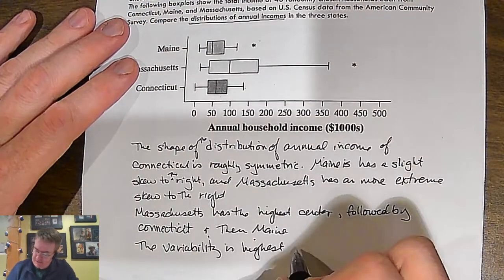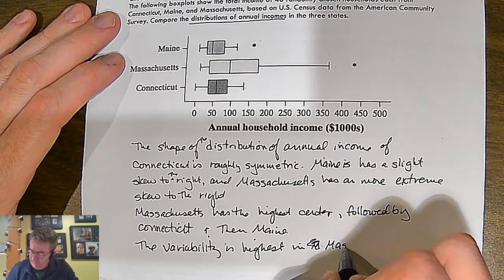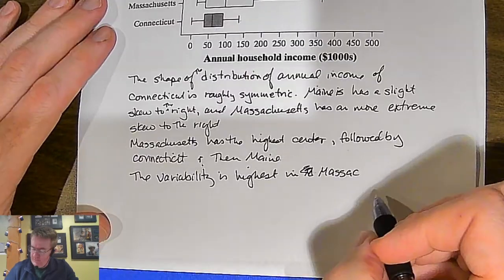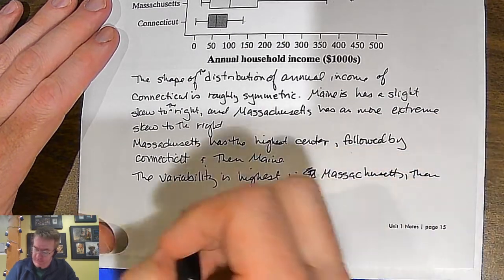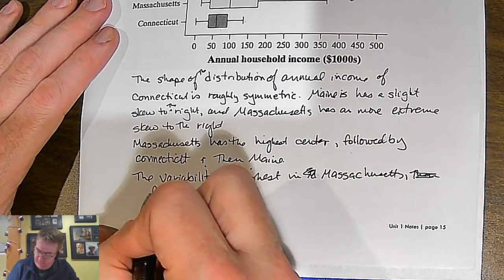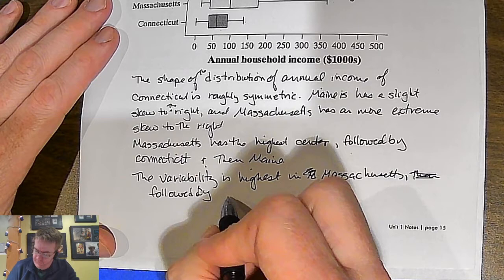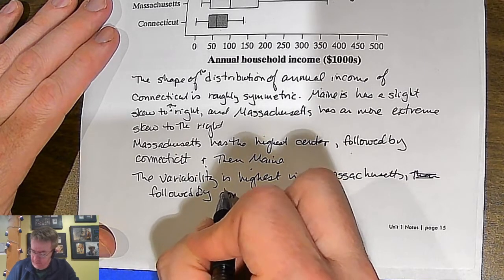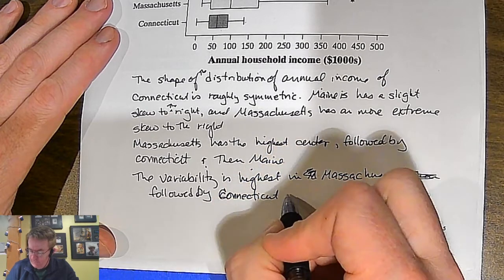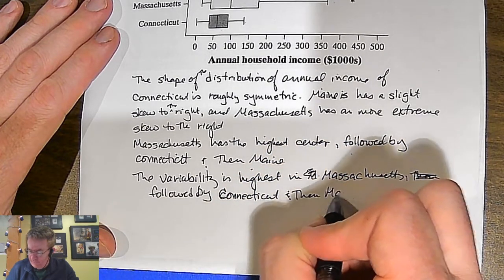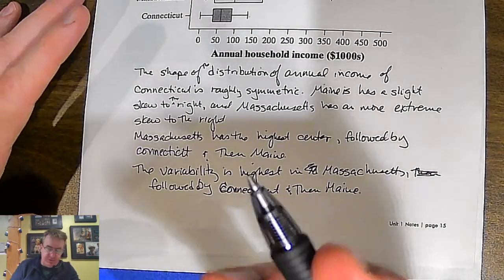Variability is highest in Massachusetts, followed by Connecticut, then Maine. And then you just simply talk about the two outliers.